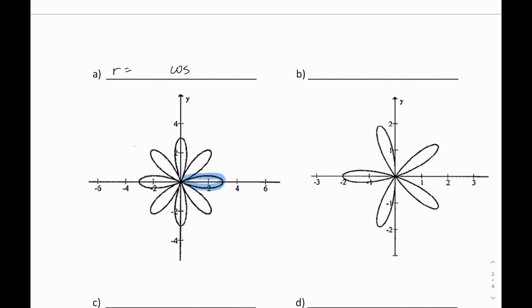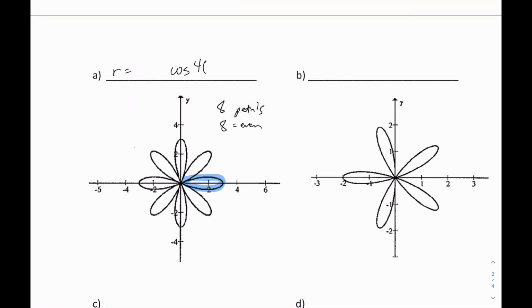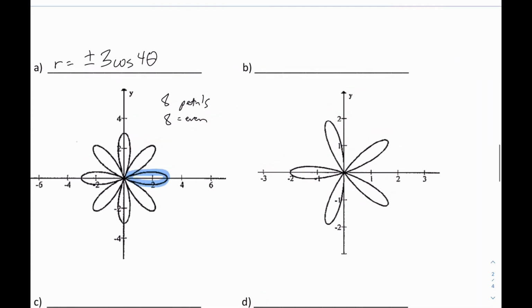From here, I can see there are 1, 2, 3, 4, 5, 6, 7, 8 petals, and 8 is even, obviously, which means this number must be 4 theta, because 4 would yield 8 petals, since 4 is an even number. The length of each petal is 3, so you can put 3, and this could be positive or negative, so put plus minus. Okay, so finish the rest of the questions and let me know if you have any problems.